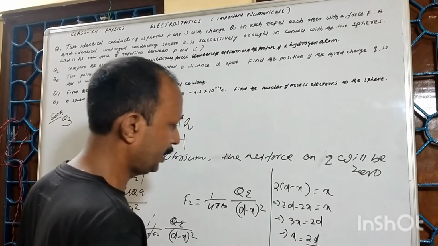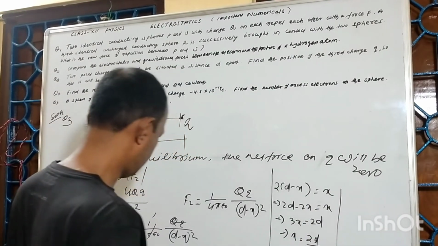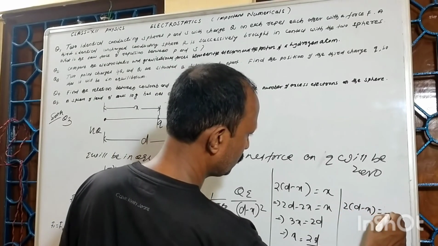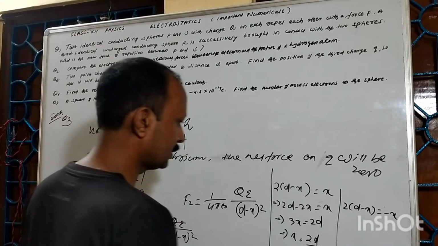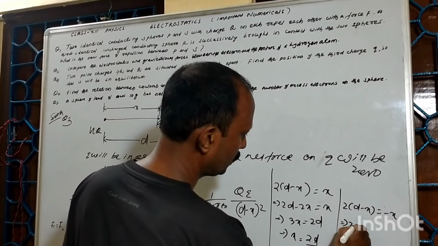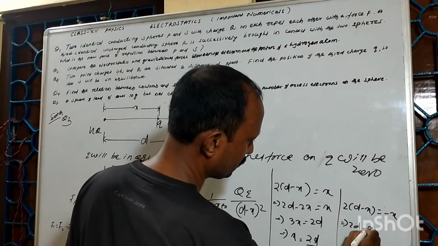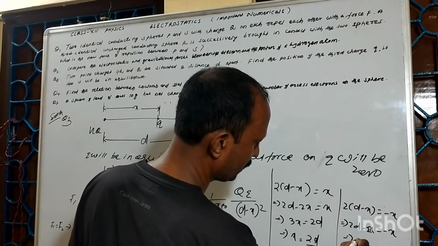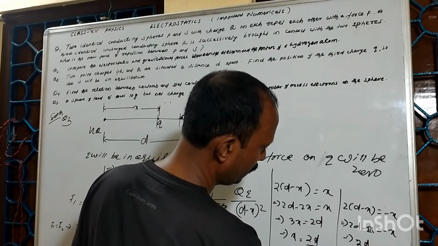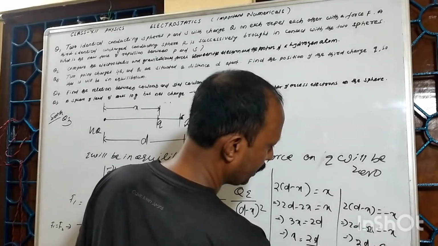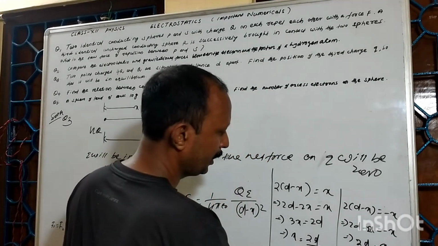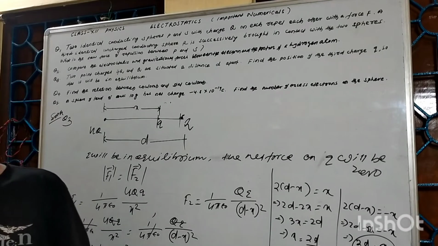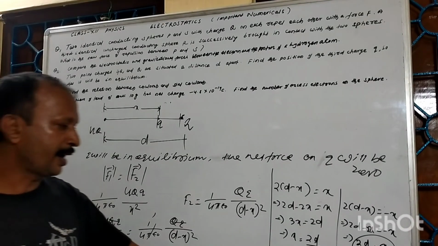Otherwise, we can take 2 into d minus x equal to minus x, which implies 2d is equal to x. That means x may be equal to 2d or x may be equal to 2d by 3.